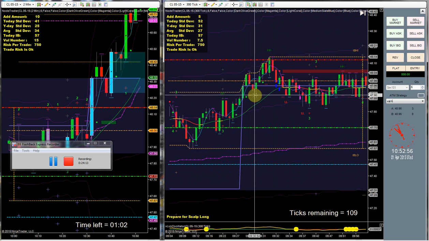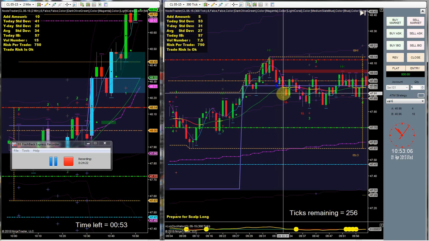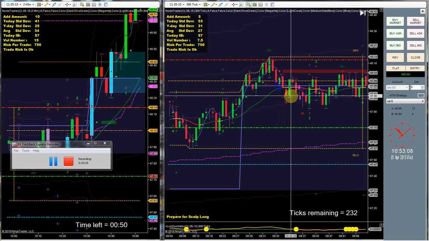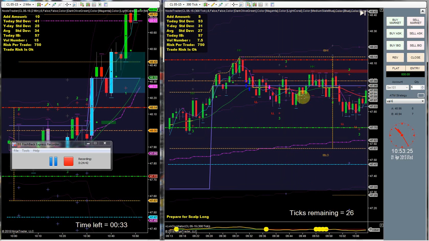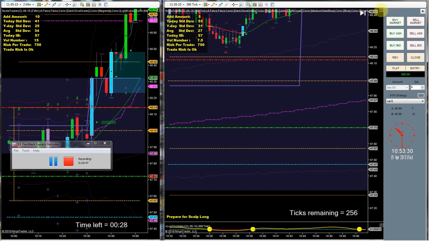So the possibility for it to come down to this level and react to it would be a bit higher. So if I would have came in with 2 right here, this would have been obviously my first loser. But this trade here, when the market came down and filled me from 90 up to 00, that would have been a winning trade. So I could have entered 2 here, made 10 ticks, and I would have entered 2 at this level and lost 10 ticks. So they would have basically canceled each other out. And this is something I need to remember myself.